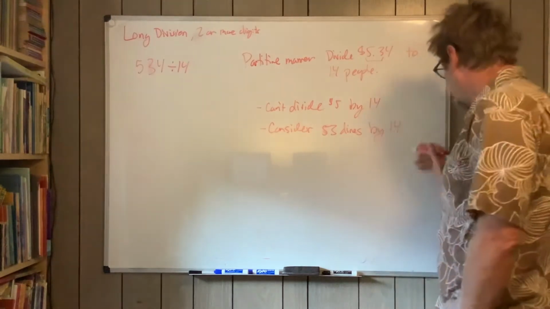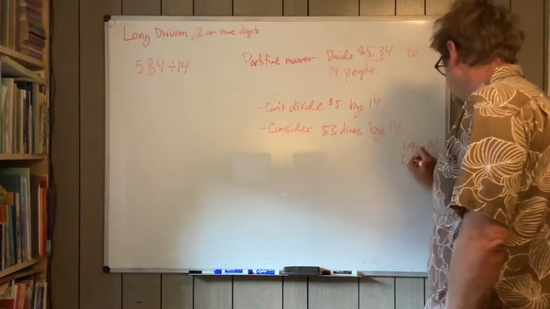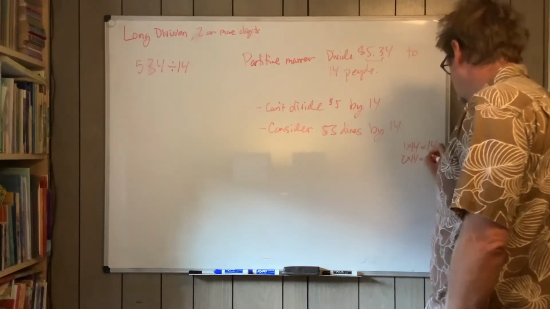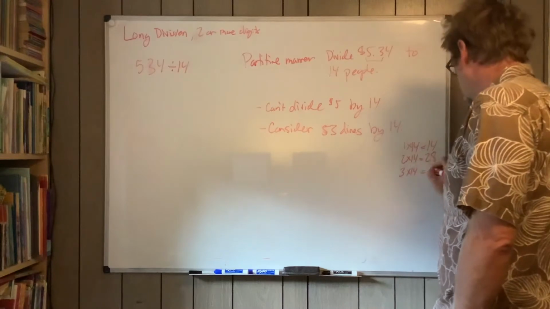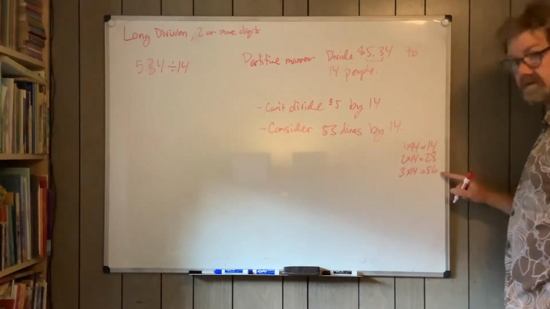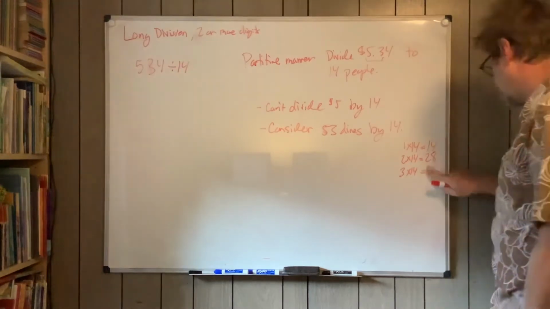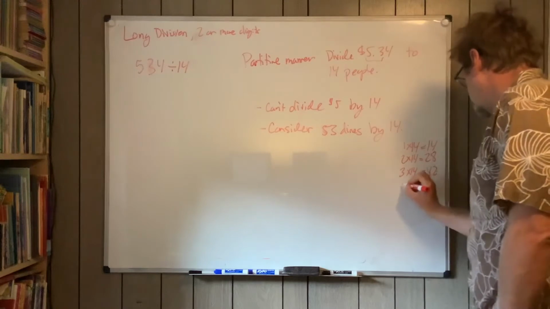We can do that by, so 1 times 14 is 14, 2 times 14 is 28, right? 3 times 14 is 56, right? Sorry, that's 42. 42, my bad.